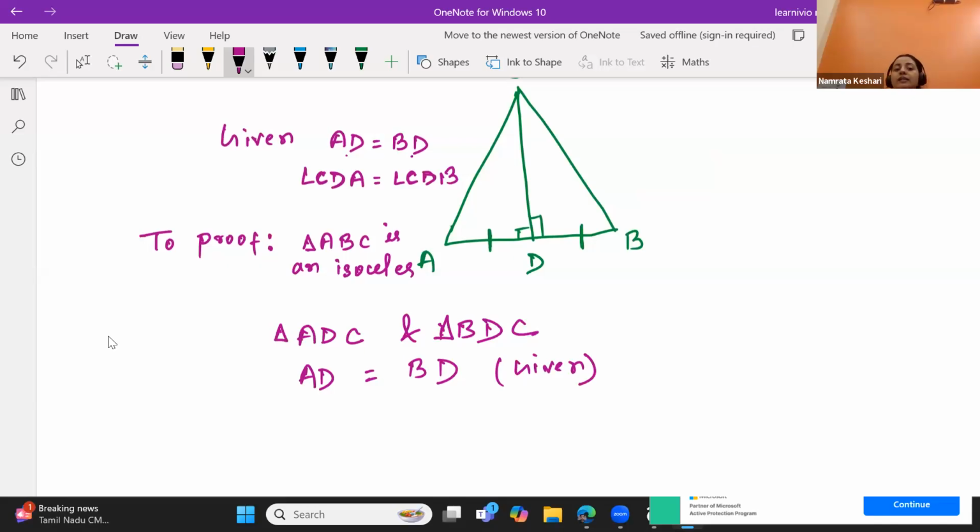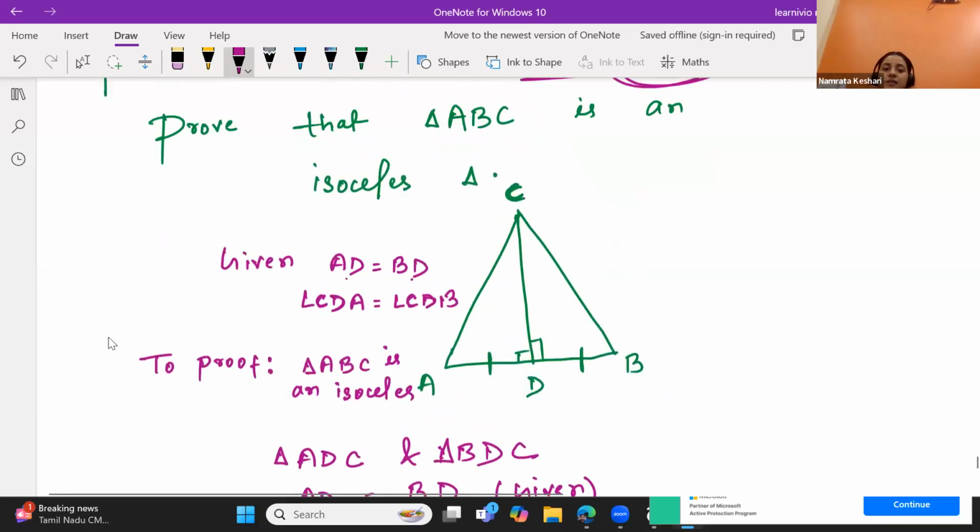90 degrees over here, 90 degrees over there. It is given that we are dropping a perpendicular, so perpendicular means 90 degrees. So angle CDA is equal to angle BDC, both are 90 degrees, and that too is given. I am not writing it by myself. Now what else?